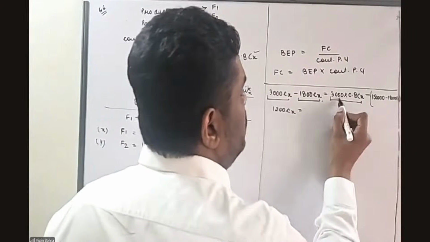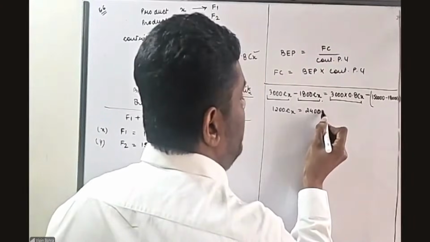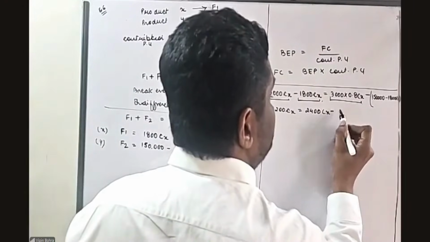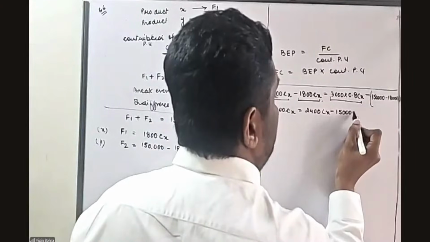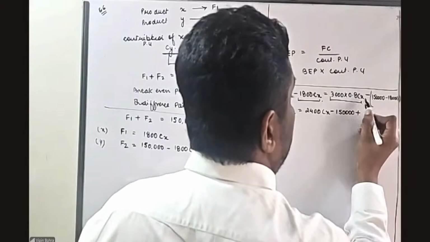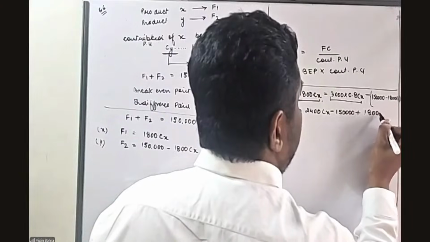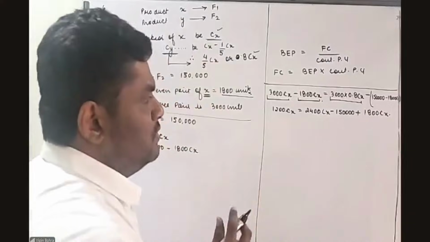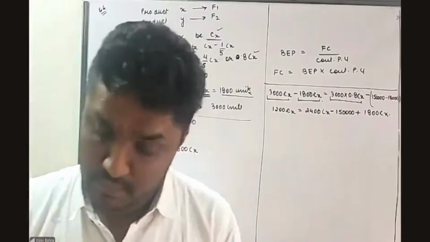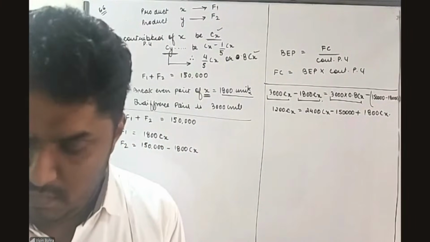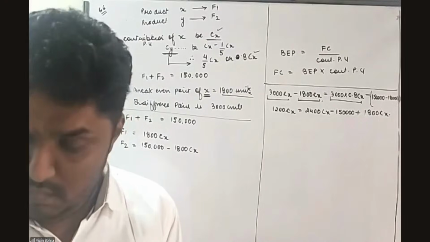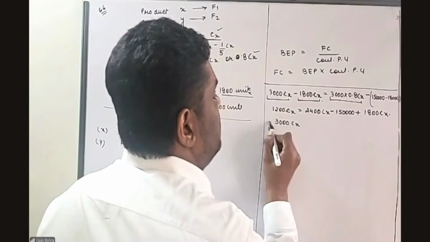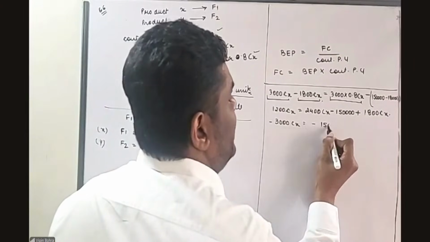It should be equal to 2400 CX minus 1,50,000 plus 1800 CX. So this will be how much? 3000 CX should be equal to 1,50,000.